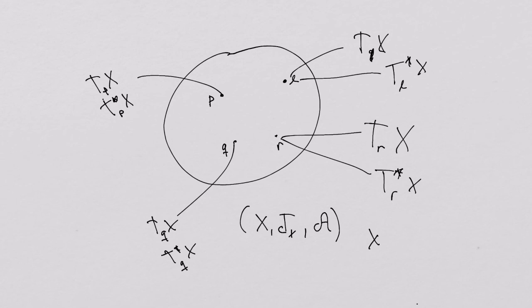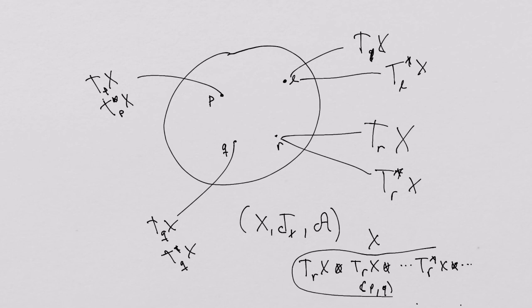You would write down T_R X tensor product T_R X tensor product T_R cotangent X, and you could create (p,q) valence tensor product spaces, and you put all of those at every point.